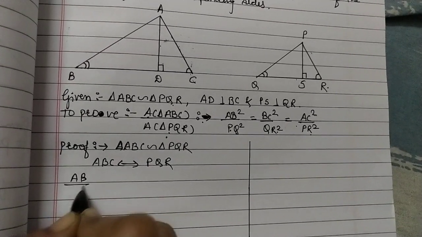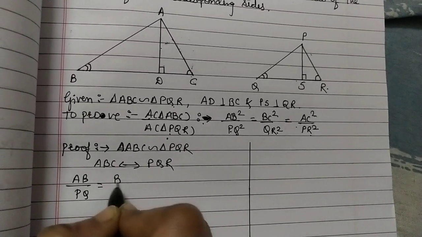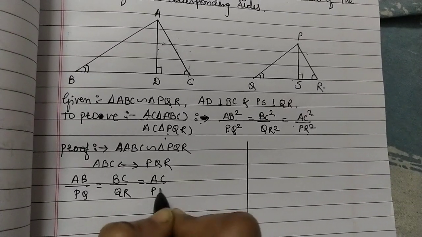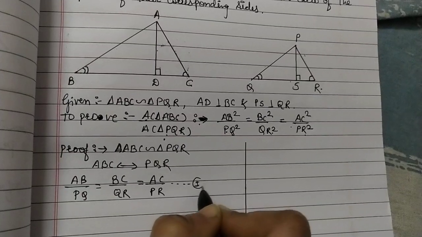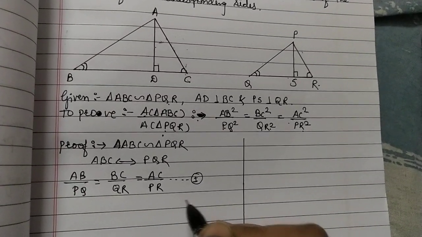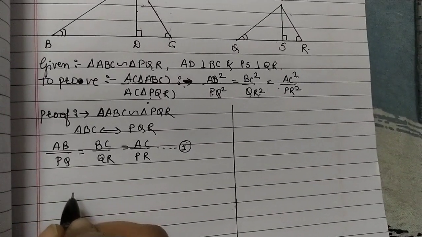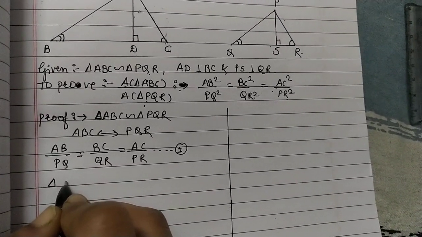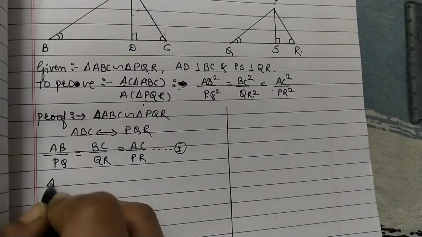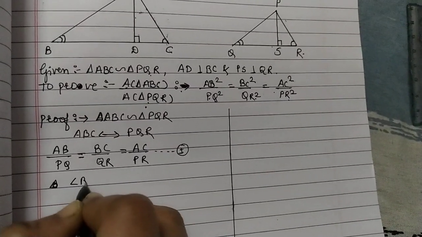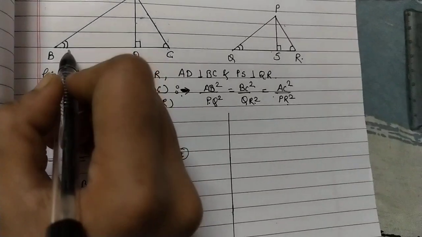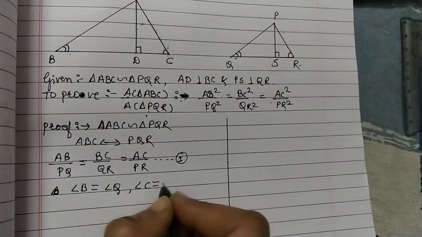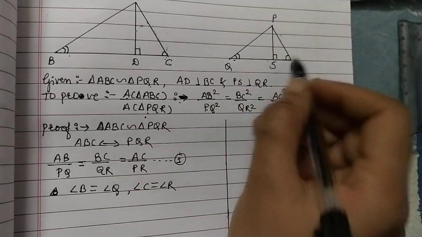So AB upon PQ equals BC upon QR equals AC upon PR, number 1. It is also given to you that angle B is equal to angle Q, and angle C equals angle R. This is also given to you.